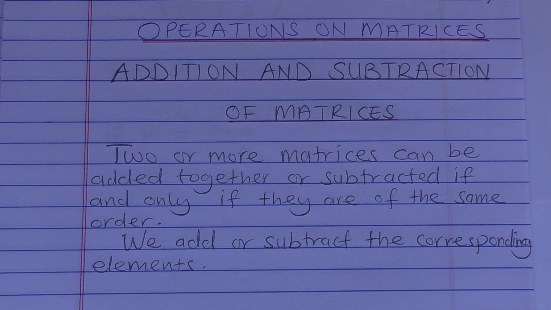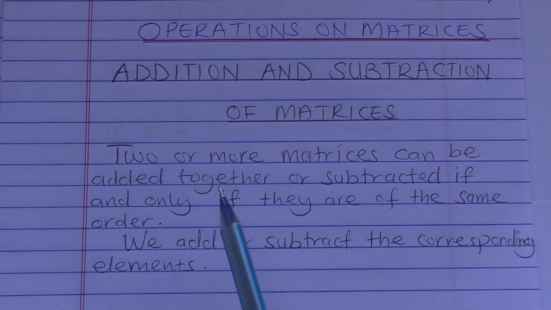We are now well conversant with what order means in matrices. And when adding or subtracting, we do so on corresponding elements of the matrices. This is what we mean.